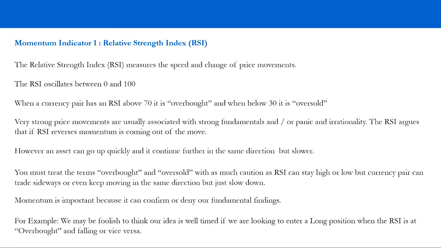Now, very strong price movements are usually associated with strong fundamentals and or panic and irrationality. That's where momentum tends to come from. And the RSI argues that if the RSI reverses, momentum is coming out of the move.